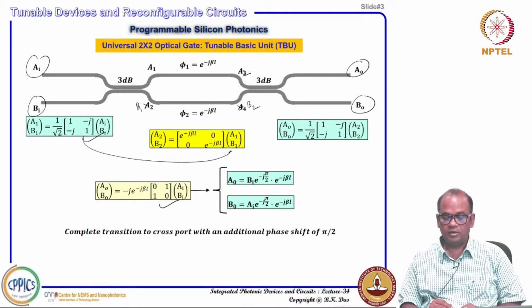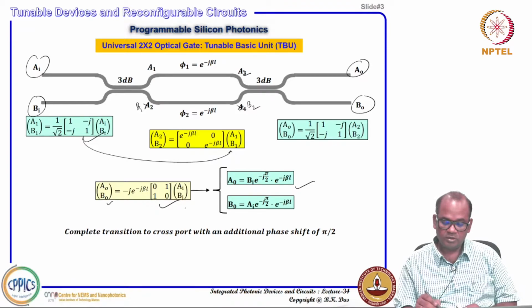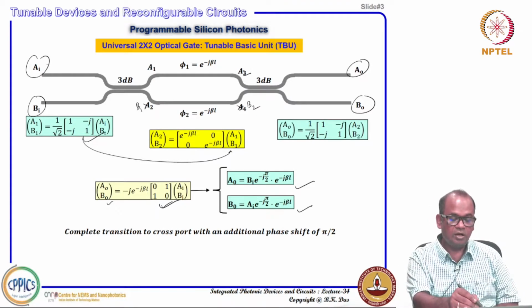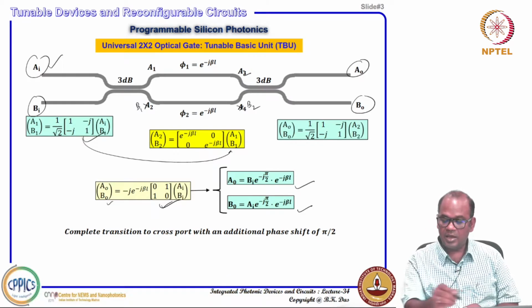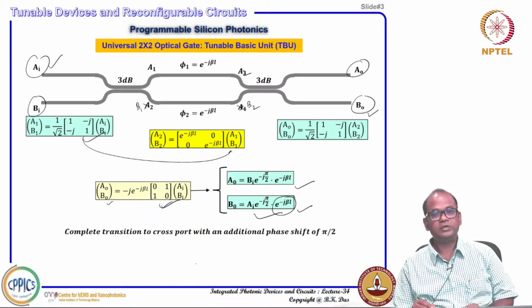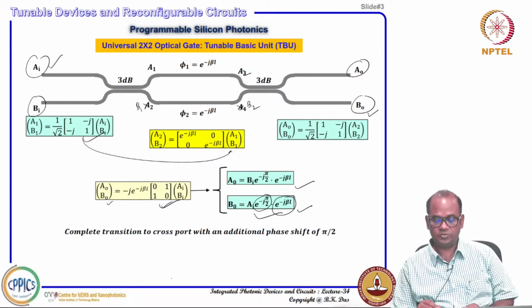Okay. Fine. Now, if you just find the amplitude, what is A 0? A 0 will be this one, and what is B 0? B 0 from this you get this one. So, you are just launching A I here, and this A I appears as B 0 with some additional phase, the propagation phase factor, and then the additional phase factor is just pi by 2.